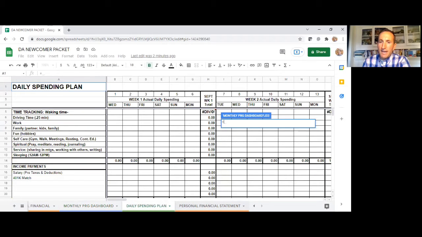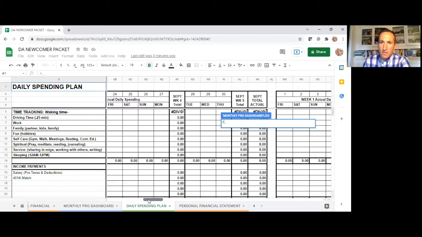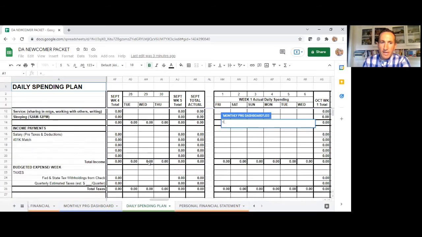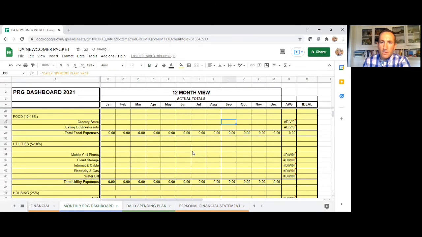What we're trying to find now is the September monthly total. Over here, scroll down to food. And if I hit enter, that number, it's like a formula, that number will be put all the way over to this spreadsheet.